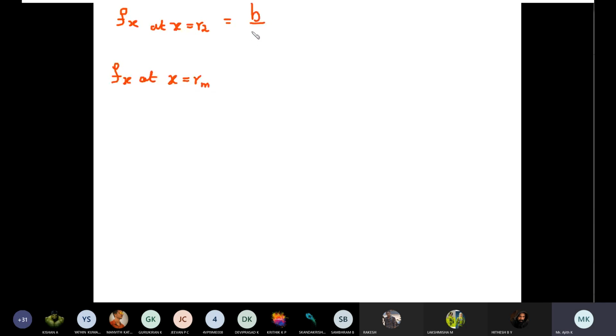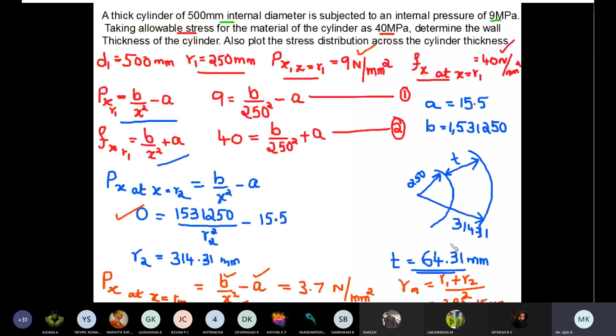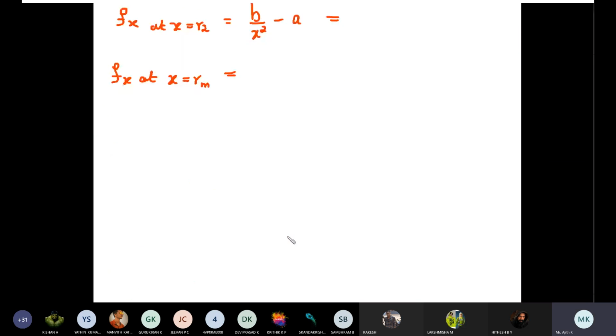So this will be b by x square minus a. Even here I will use the same equation, b by x square minus a. X is equal to R2, you have to substitute, and the value of R2 we have calculated is 314.31. You can note down the answer.